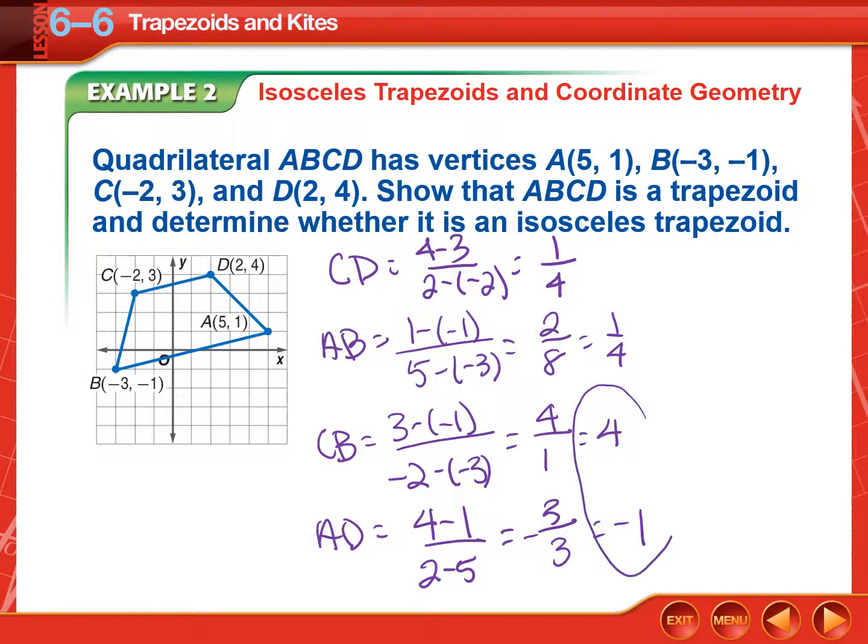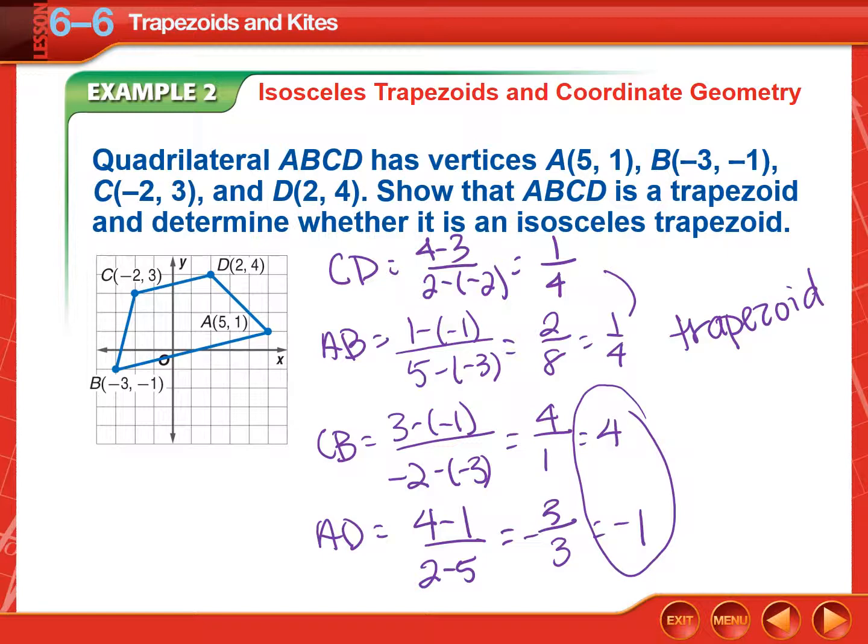So notice that these are not parallel, but these are, so this is going to be a trapezoid. All right, but now we need to prove that it's an isosceles trapezoid, which means that the two legs, aka CB and AD, are congruent to each other.